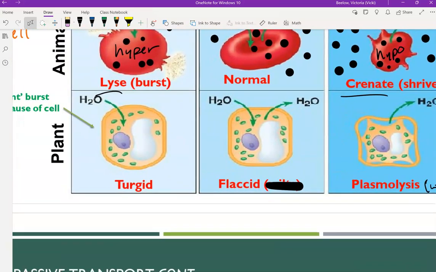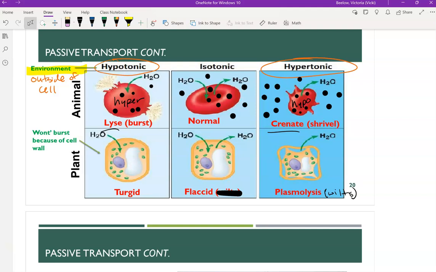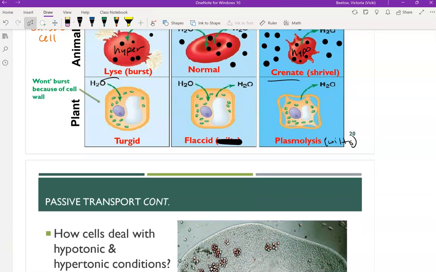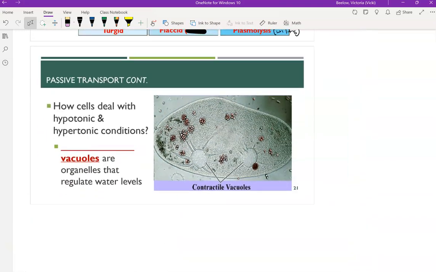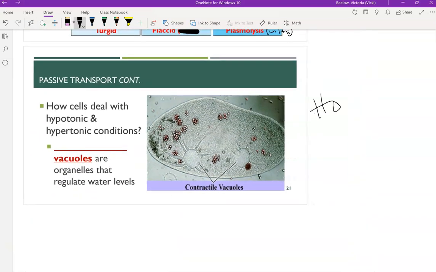Now, you're probably wondering, how do cells handle all this? It's not like your environment's always going to be the same, right? Your environment's always changing. So how can we help to maintain homeostasis? So here's an example. I'm going to write down homeostasis, right?